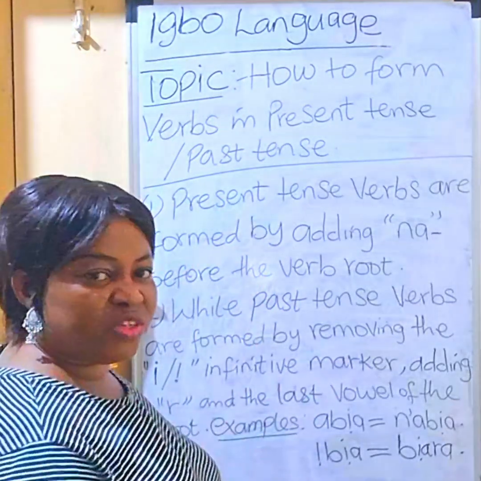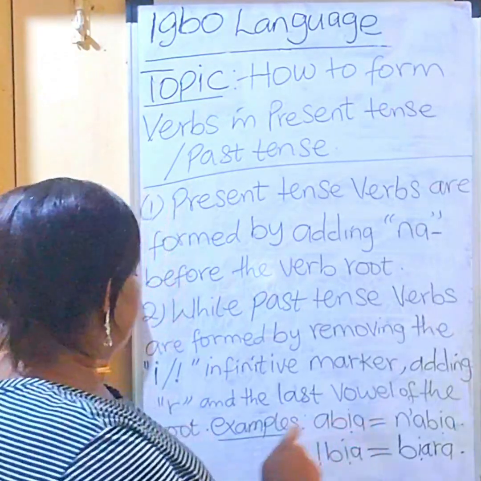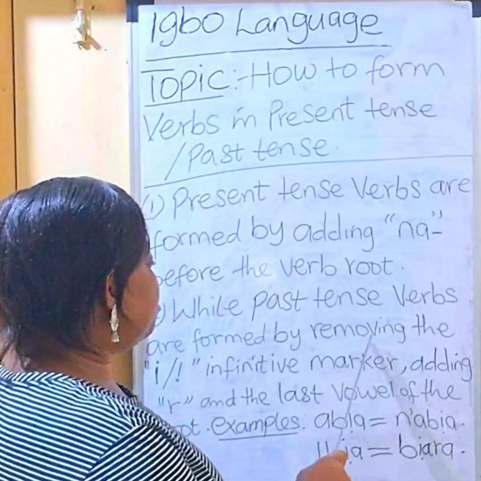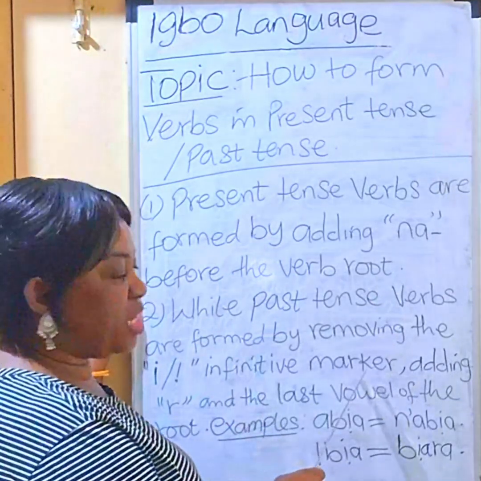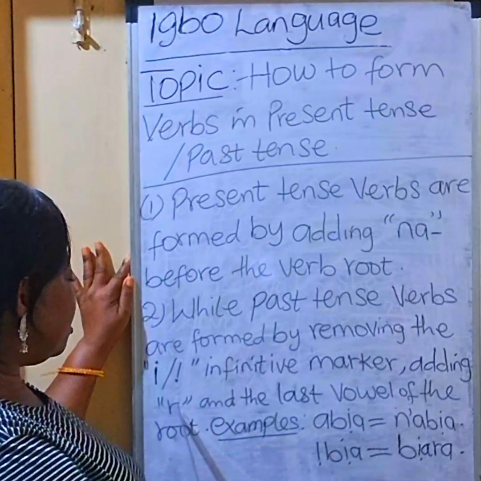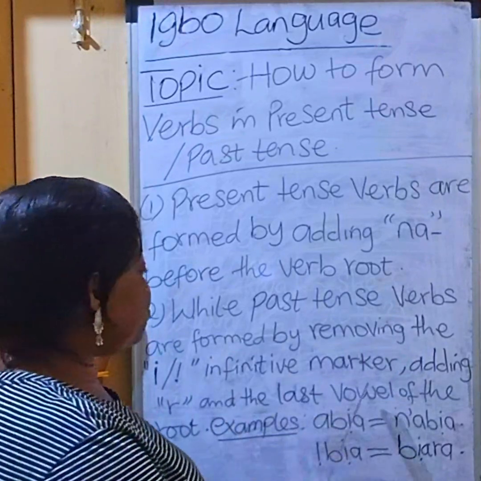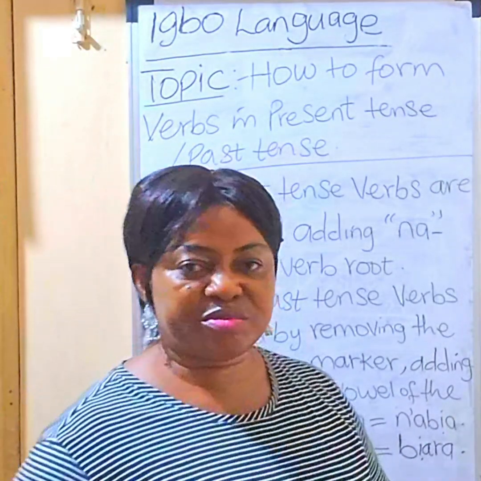Number two instruction says, while past tense verbs are formed by removing the e stroke a infinitive marker, then add re, and the last vowel of the root. Have you seen it?